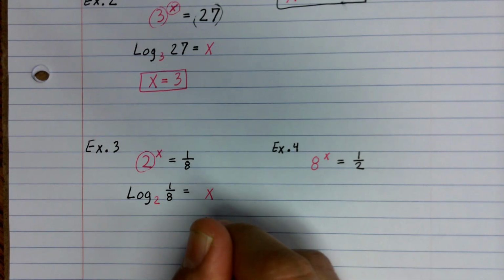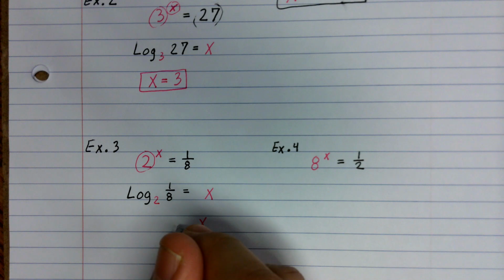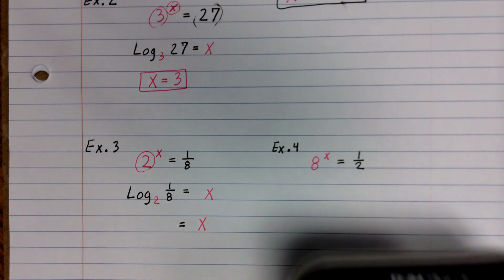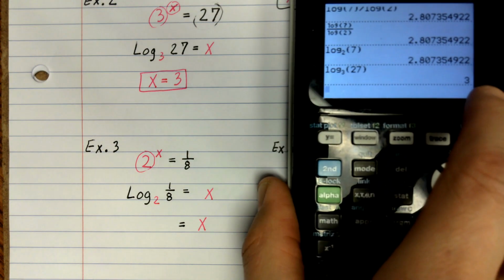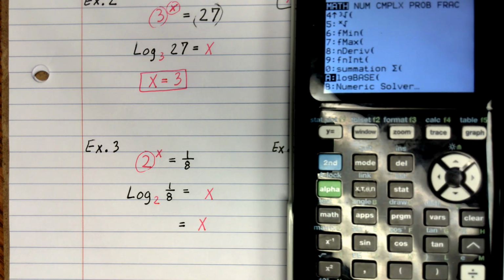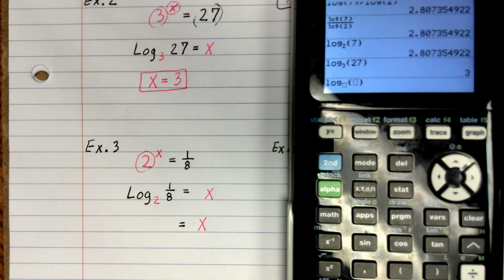In this case, x, and notice I'm just keeping x on the same side this time, is equal to, and I'm just going to put this in the calculator and see what it gives me and write that answer there. So I'm going to grab my calculator, and I'll hit math. And once I go here, I'm going to put my base of 2 in, and then my log is going to be 1 over 8.